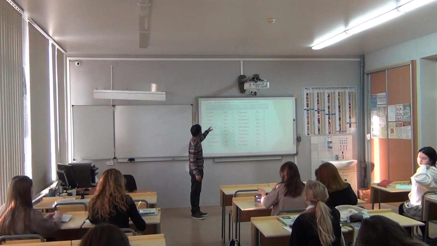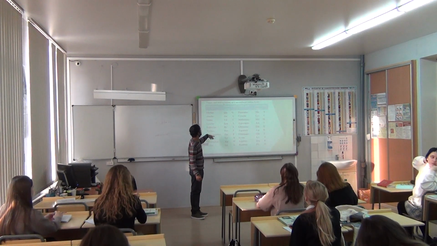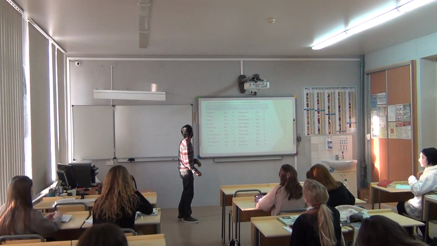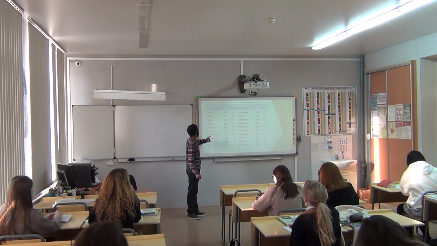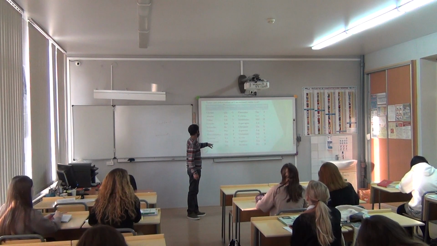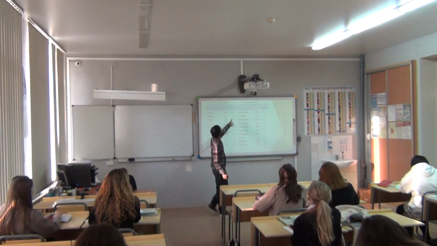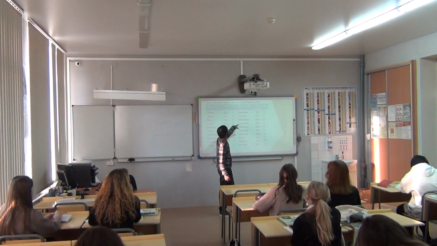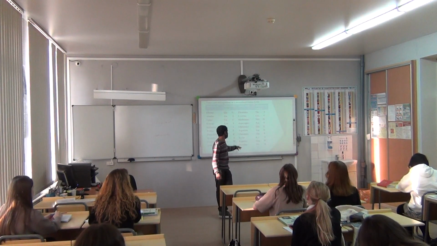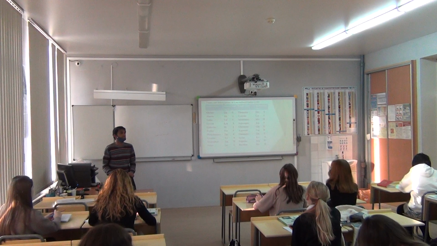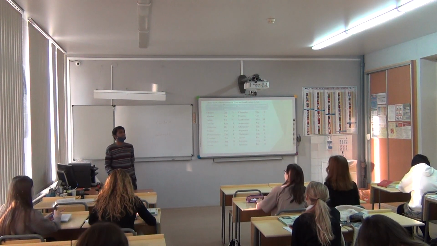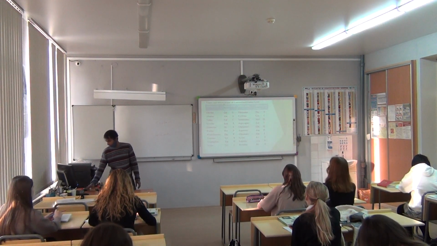I won't read them all, but if you want: glycine, alanine, valine, leucine, isoleucine, proline, phenylalanine, tyrosine, tryptophan, serine, threonine, cysteine, methionine, asparagine, glutamine, aspartate, glutamate, lysine, arginine, histidine. But I think you don't need this information.